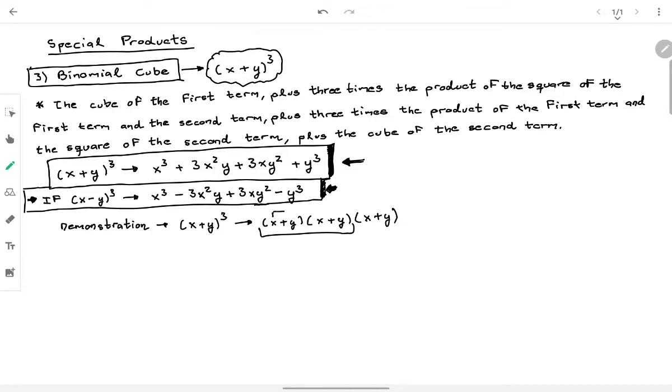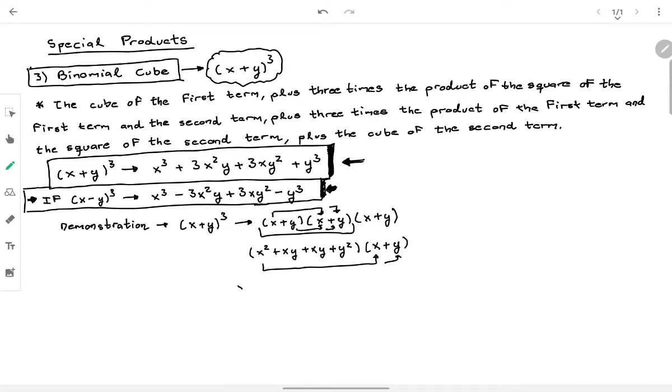So it will be x multiplying x and y multiplying x and y. So it will be x squared plus xy plus xy plus y squared, and in the other parenthesis x plus y. So in this case, remember it's like multiplying the first term by the two terms on the next parenthesis.